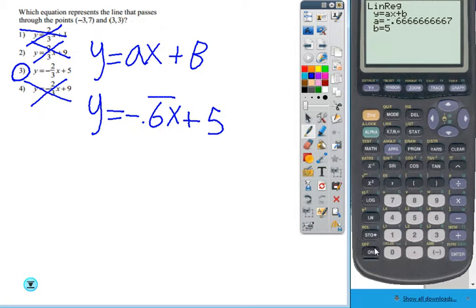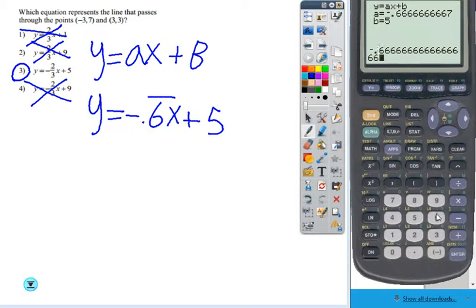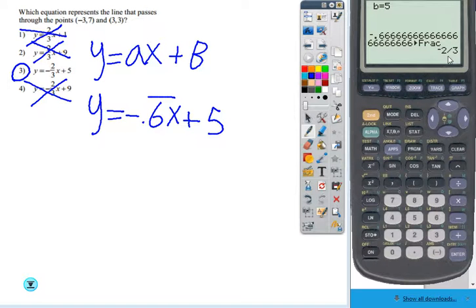So if you go to your calculator and you type in -0.666666666 many times to show your calculator that it's repeating, you can then press math, frac, because we want a fraction, enter, enter, and we can see that -0.6 repeating is the same thing as -2/3, leaving us with this final equation.